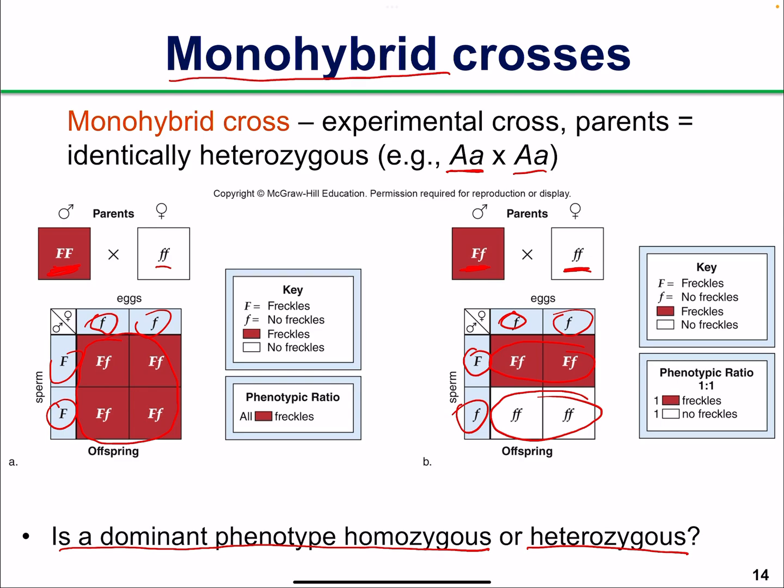But based on the outcome of the offspring, if everyone is expressing the dominant trait, then the parent who is dominant is actually homozygous dominant. While if we have in the offspring 50% chance of expressing the dominant trait and 50% for the recessive trait, in which case the parent with unknown genotype would be heterozygous. All right? That's what you need to know.